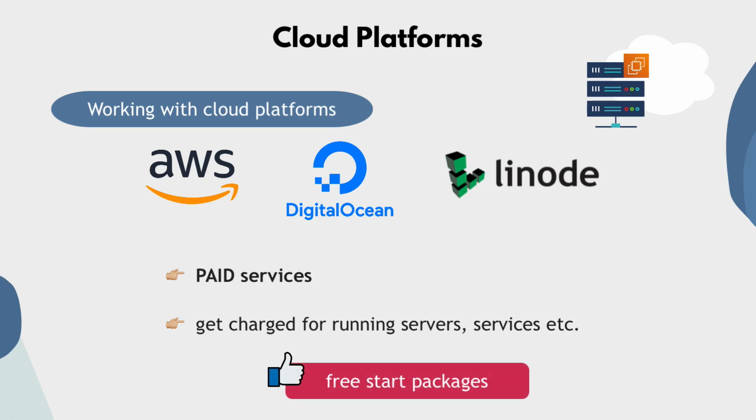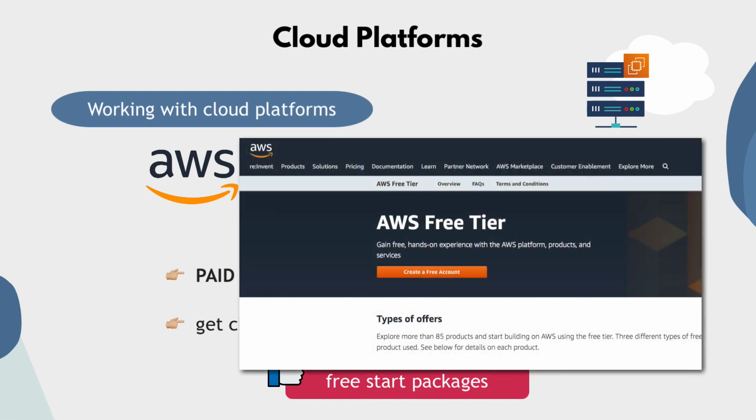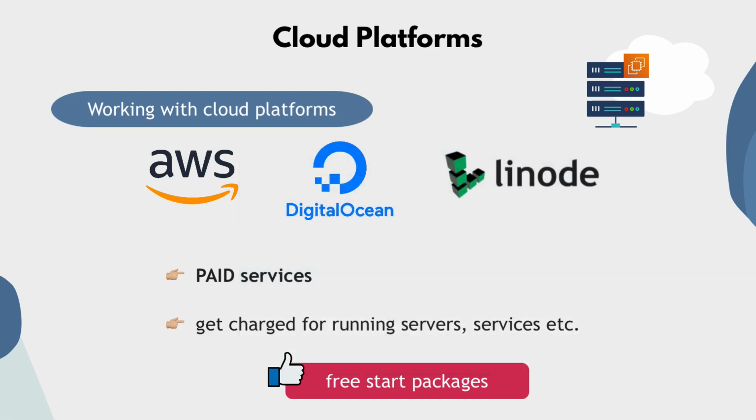On DigitalOcean and Linode, for example, you get $100 credit to use up for 60 days. On AWS, you get a free tier that allows you to use 1 small server for free for a year. However, EKS service and all other EC2 instances will still cost you.